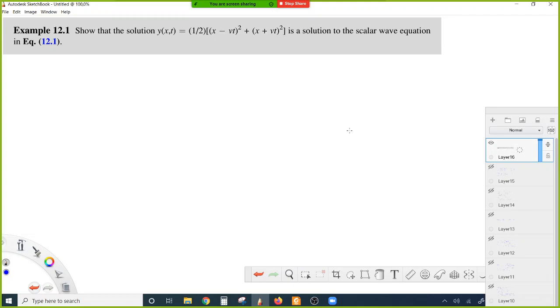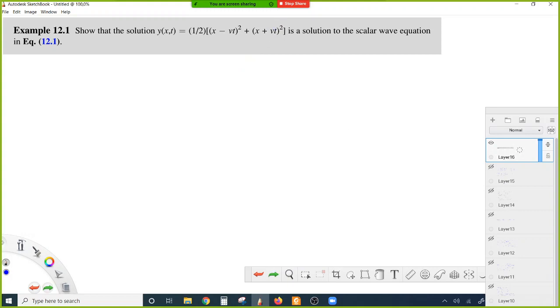The problem is saying, show that the solution y(x,t), which is equal to 1 over 2 times (x minus vt) squared plus (x plus vt) squared, is a solution to the scalar wave equation.